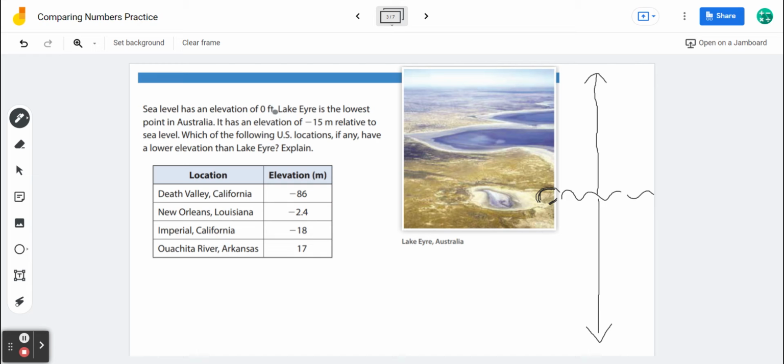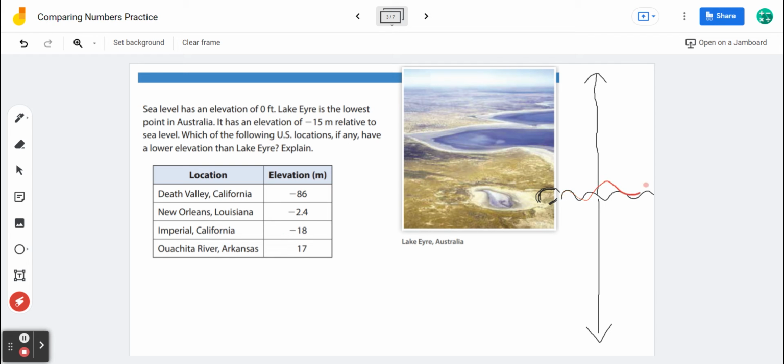So they just say the elevation of sea level is 0 feet. Lake Erie is the lowest point in Australia. It has an elevation of negative 15 meters relative to sea level. That means the elevation of Lake Erie is negative 15 compared to 0. So the sea is 0.